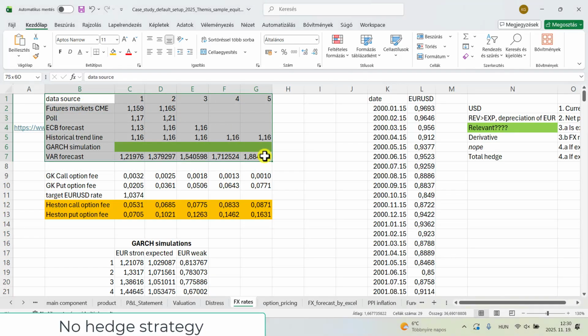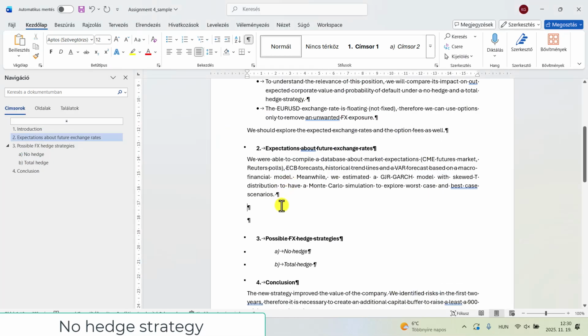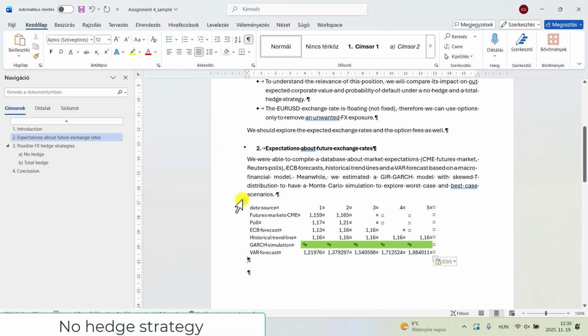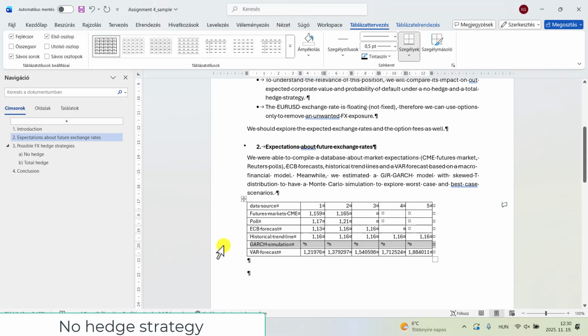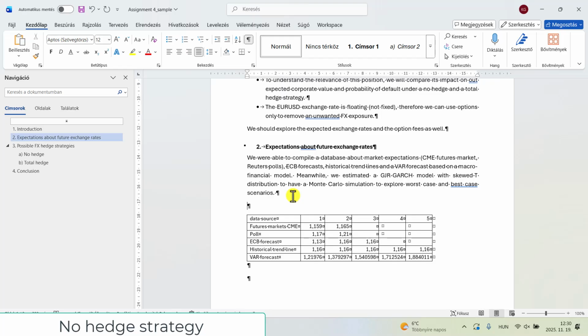So let's copy this one. Table 1. Obviously source.